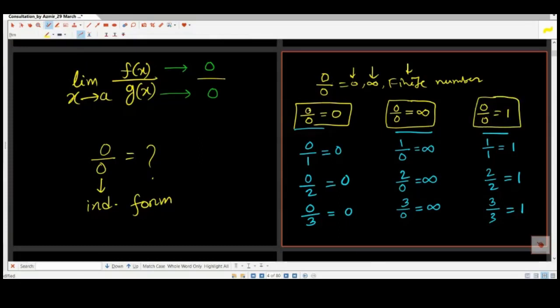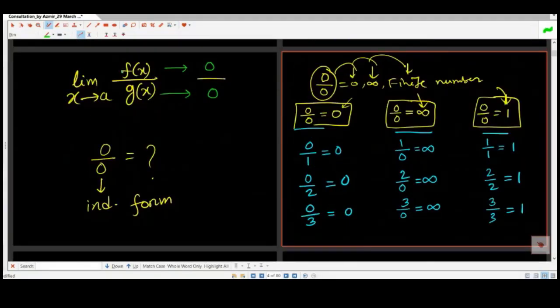So that means 0 over 0 can be 0, can be infinity, can be a finite number. So for a single case, we have three different scenarios. We can't exactly say what is the value of 0 over 0. So that's why 0 over 0 is an indeterminate form.